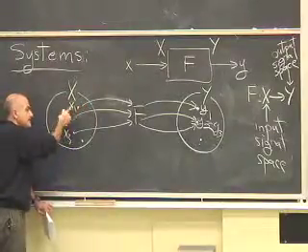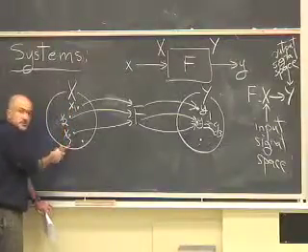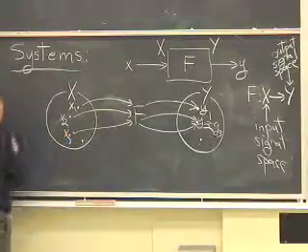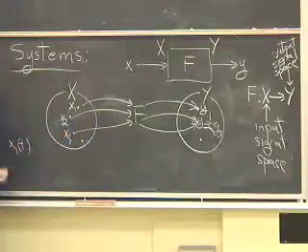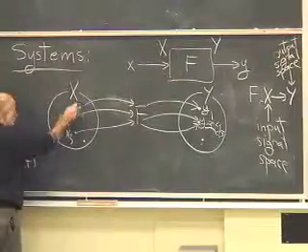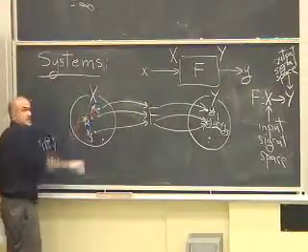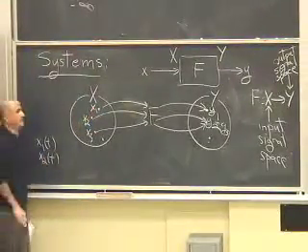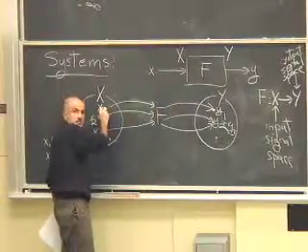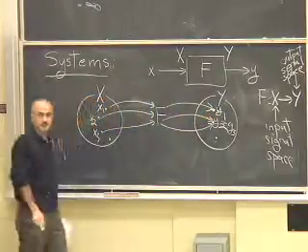So each of these x1, x2, x3 is a function in its entirety. So x1 of t will have some expression, x2 of t will have some expression, and so on. When I don't use the t in there, I'm referring to the signal in its entirety. And so the system takes an input signal and maps it to an output signal.